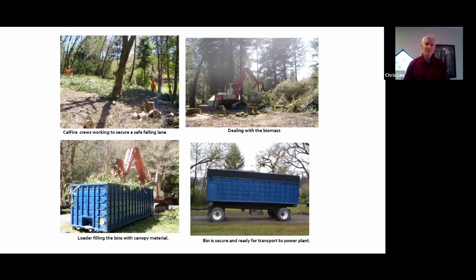It couldn't all just be piled and burned all around the forest where we were taking it out. And so we had to figure out different means of disposing of the material. And so some of it we actually loaded up in bins in these large containers, and we moved them to a biomass facility to produce electricity. So that's one possible option.